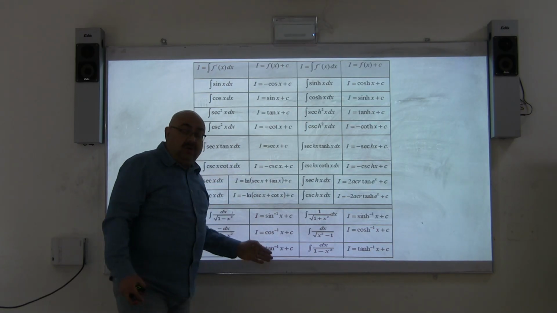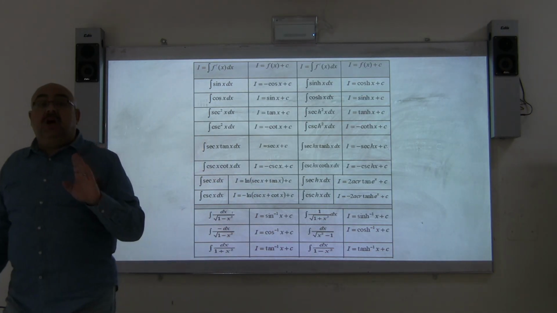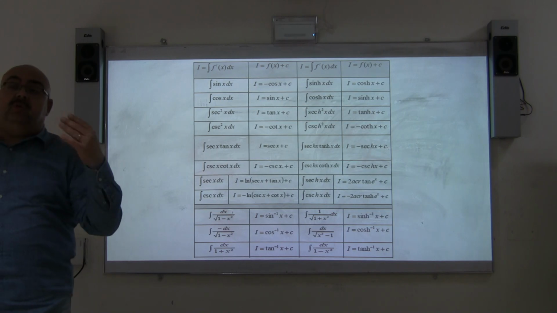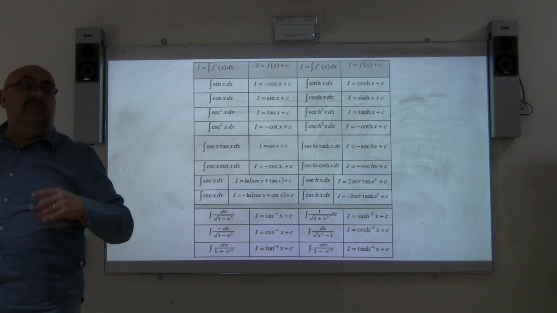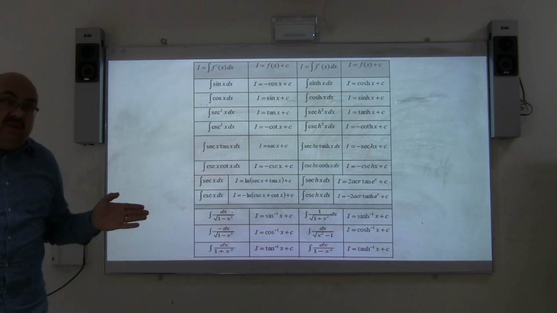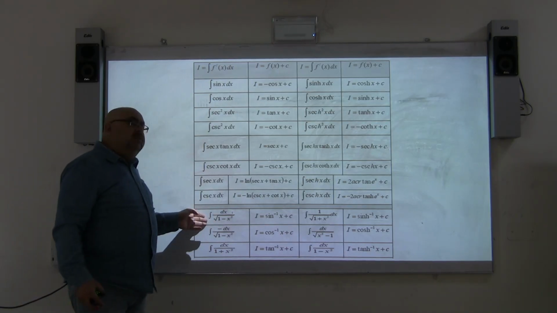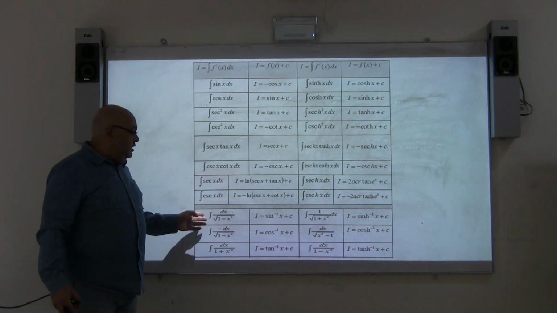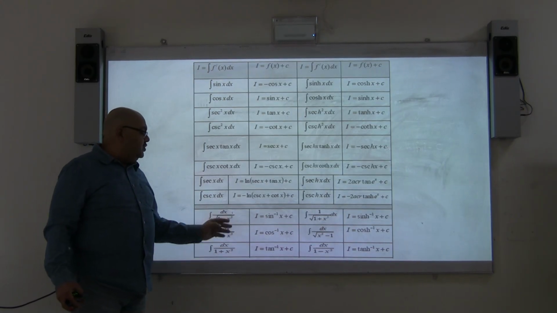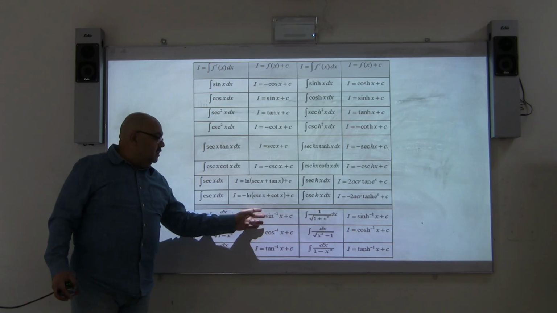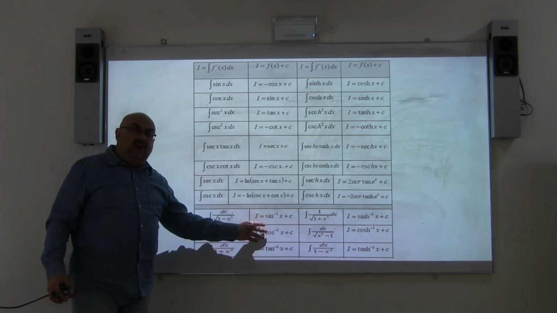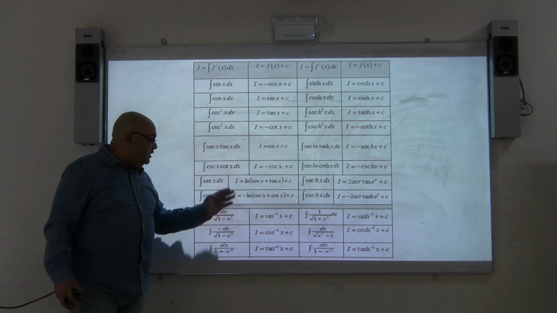This slide is just for your knowledge. You have to keep it with you down the road. If you need it, you can find the integrations. Those all are direct integrations. This is for the inverse trigonometric functions: dx over root of 1 minus x squared is going to be arc sine of x, or sine minus 1 of x.